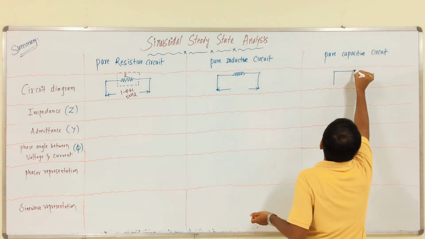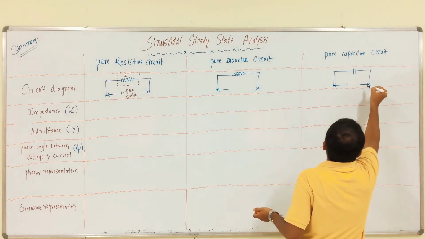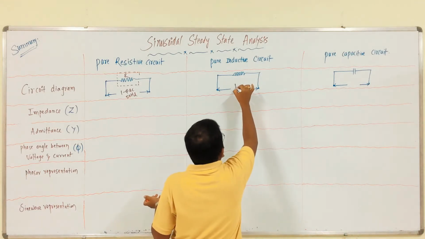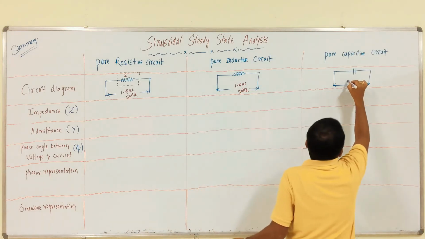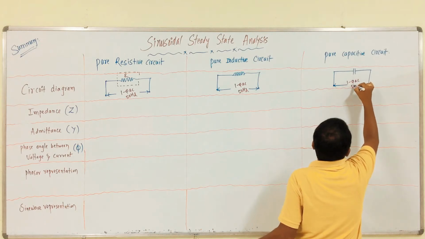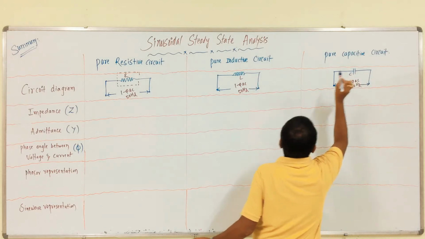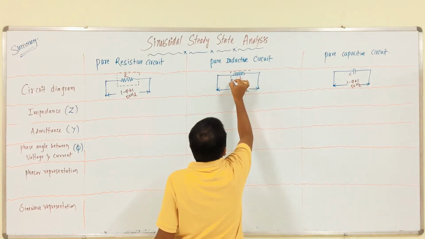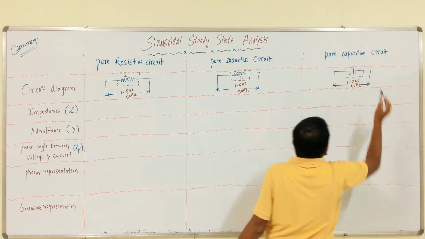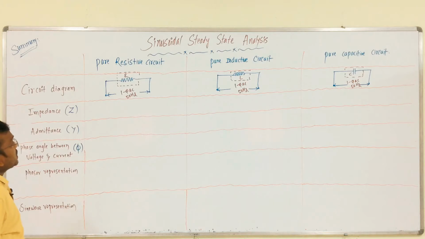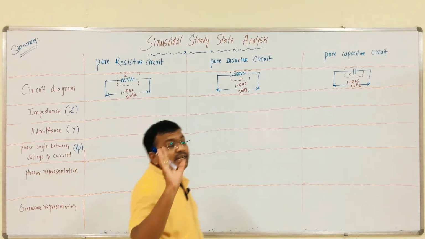Like this, then again a single phase AC 50 Hertz supply. This is L, this is C. Clear? These are the circuit diagrams for pure resistive circuit, pure inductive circuit, pure capacitive circuit with AC excitation.